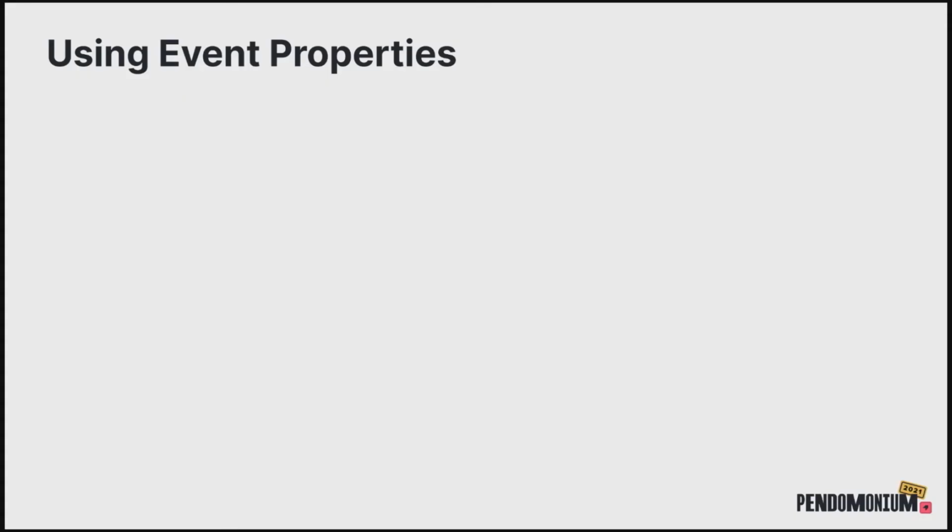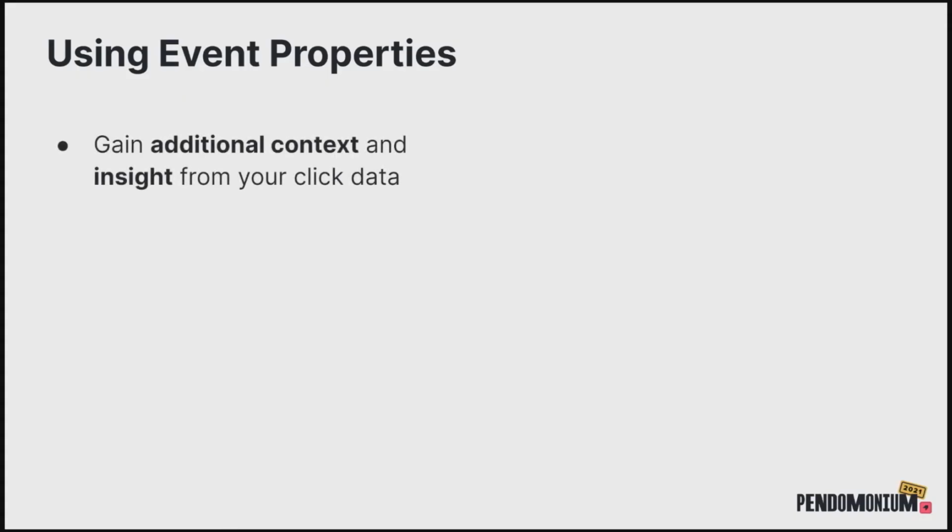So before we get into the specifics of our use case, I want to talk about what event properties are. Event properties are a way for you to gain additional context and insight from clicks on your page. Right now you get so many people clicked send message if you have a send message feature.